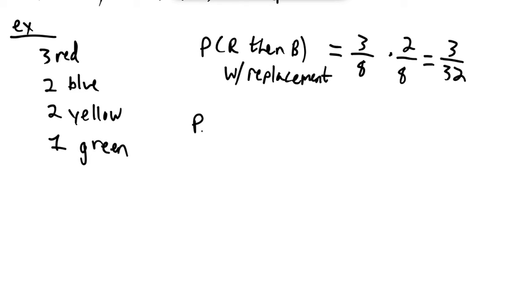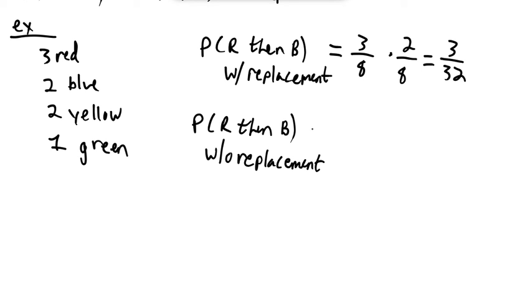Right, what about if we pulled a red then a blue, but this time we weren't replacing, so we stole that red marble, we pocketed it. Now these are dependent, because pulling that first one changes the outcomes of the other one. So what's the probability of pulling red? Well, it's again 3/8. But then what's the probability of pulling blue after that?